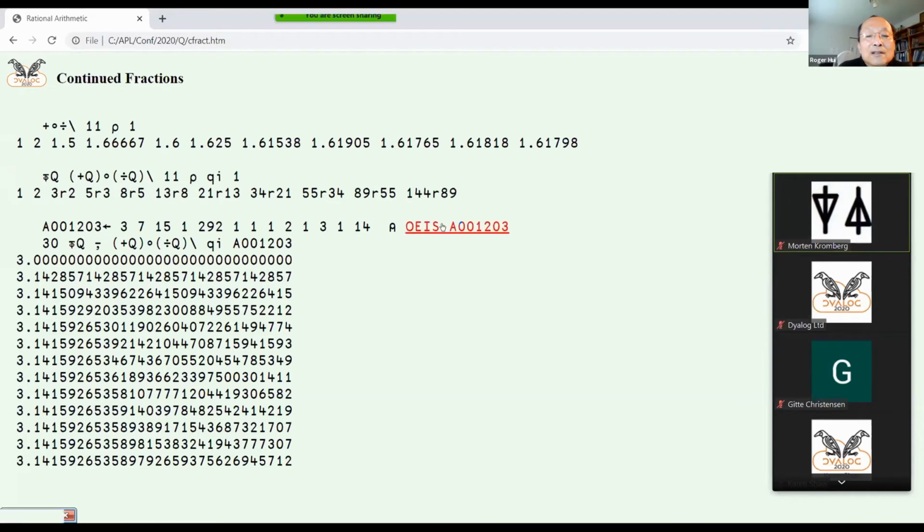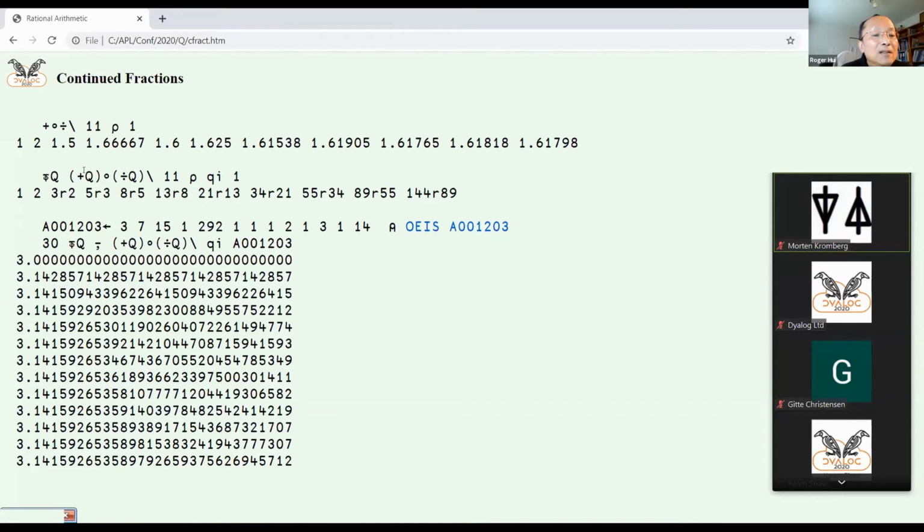And I went to the Online Encyclopedia of Integer Sequences, sequence 1203, getting this vector, and I apply the continued fraction calculation on that as a rational vector. And then I display it, make it a one-column matrix.